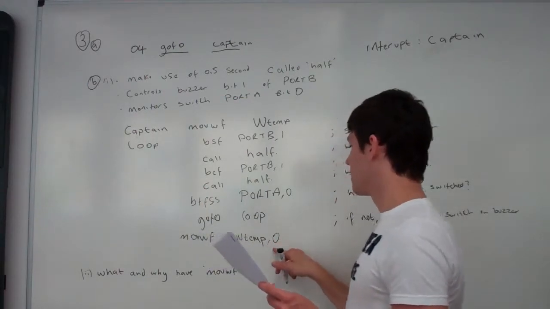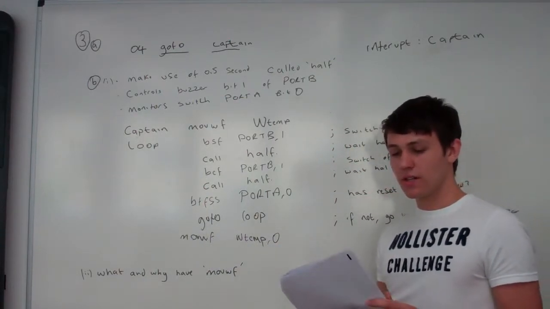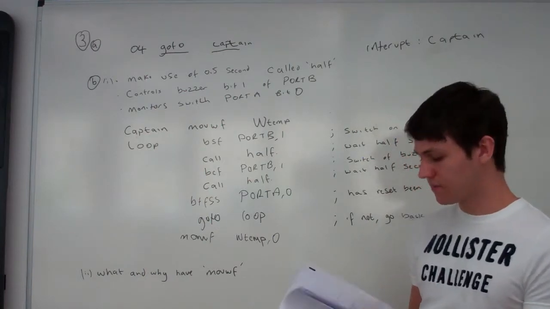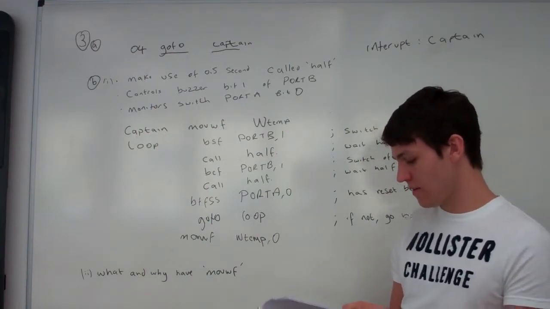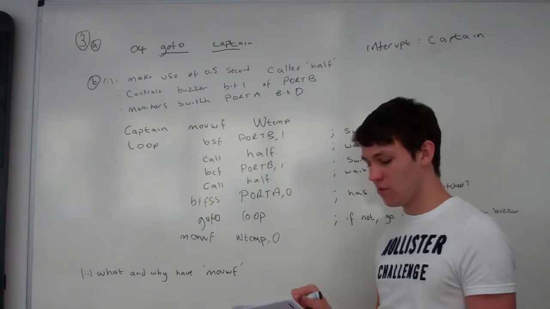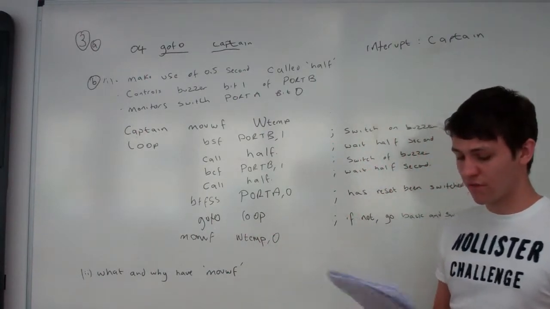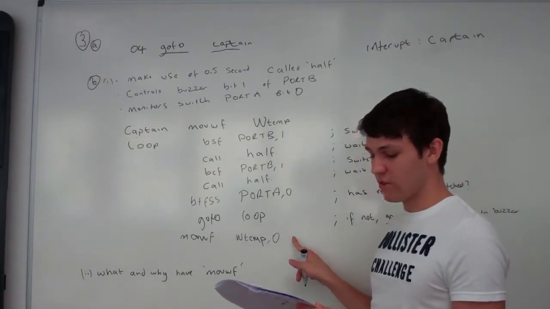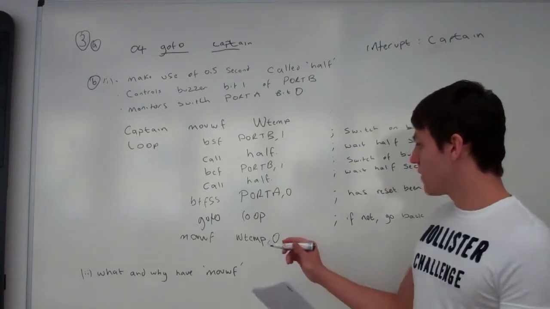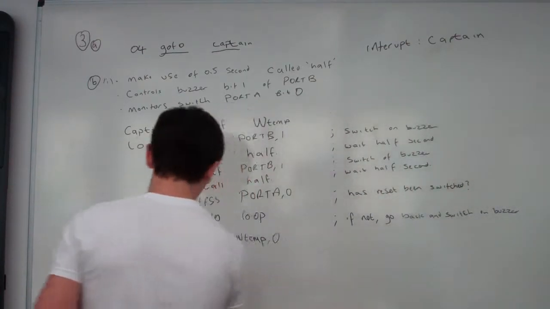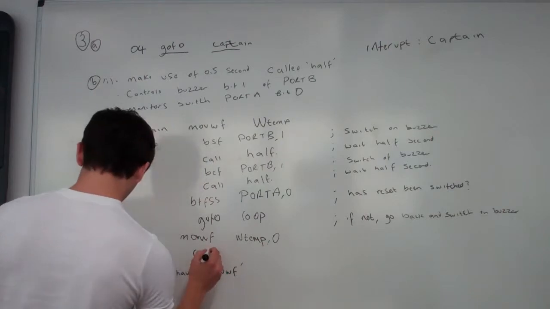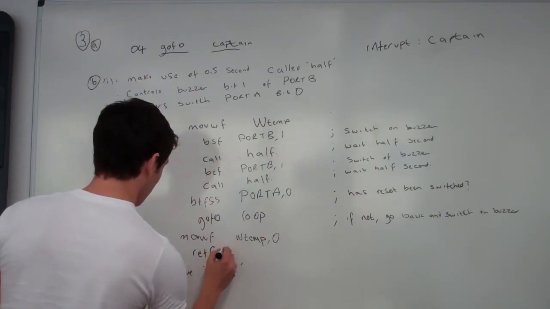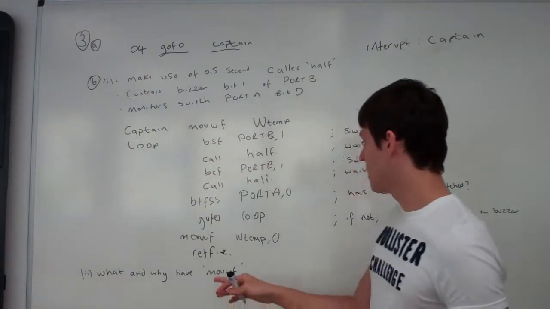And that we do by putting a 0, alright? You've got stuff at the front of your paper, and it tells you in there, if you read through that and take a little bit of time before you go into the exam, just looking through that, that's why we put that 0 there. And then at the end of it all, we always write retfie, like that, alright? So that's that.